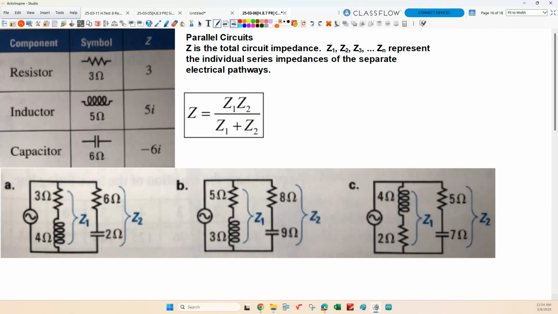I have to calculate the complex impedance of each of those two paths. I'd call this one Z1. The impedance of that first path is Z1, which I could calculate. You guys know the tricks, right? We could calculate the impedance of the second path as Z2, and then the overall impedance of the parallel circuit is going to be the product of the path impedances divided by the sum of the separate path impedances.